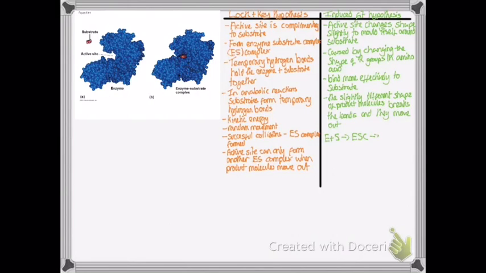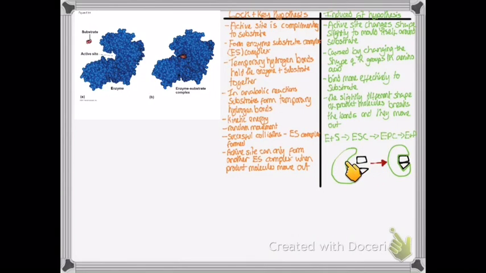So our induced fit hypothesis is basically saying this active site can slightly alter its shape to fit around the substrate, and this is how I've drawn it here. This enzyme here isn't really specific to these 2 substrate molecules.